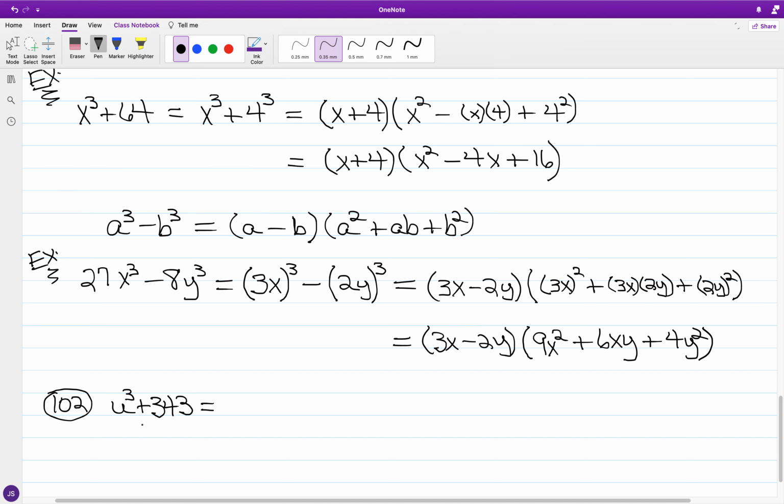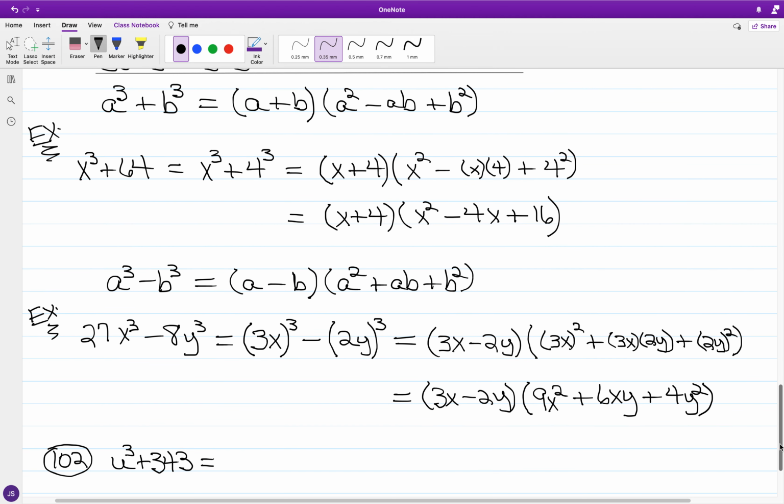So we're looking at the sum of cubes, and in this layout you can think of a cubed as u to the third, b cubed in reference to 343. And 343 is a number you probably don't see very often, but it happens to be a perfect cube, for it is 7 times itself three times. So a is represented by the letter u, b by the number 7. So for the a plus b portion, we're going to have u plus 7.